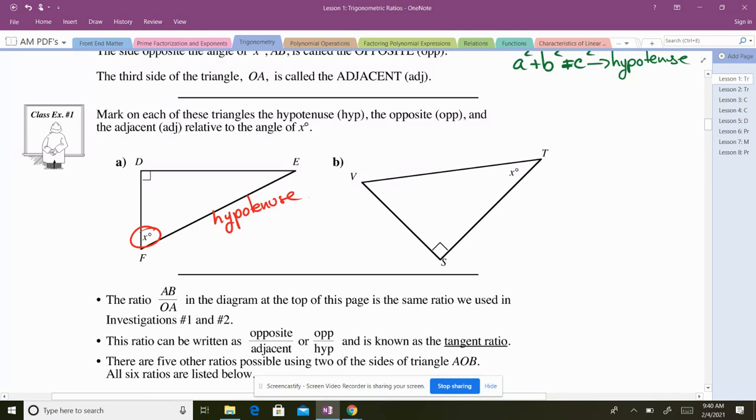Now, if you stand at the angle F or X, whatever you want to call it, and you look across, what side is that? What do we call it? Opposite. So this is the opposite. What's the only one left? Adjacent.